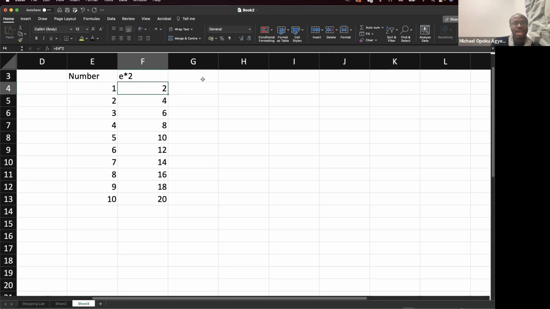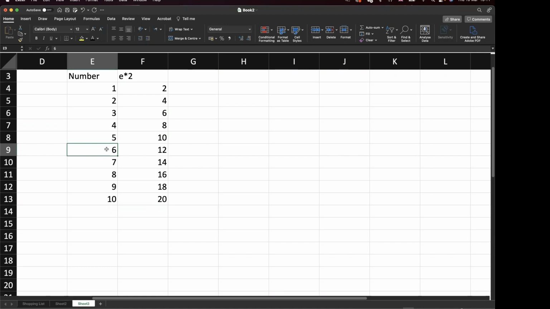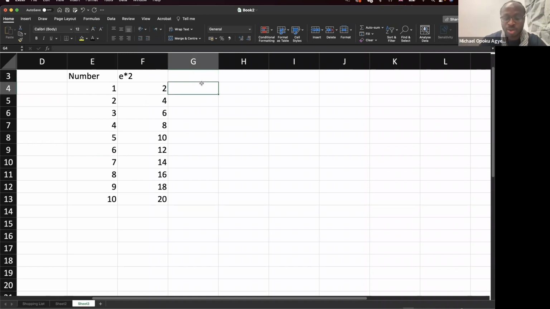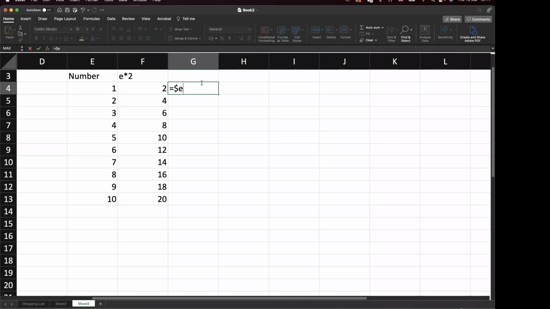What if I say I want to multiply only E9? E9 is the one with the value 6, right? So that would be equal to dollar sign E, dollar sign 9.